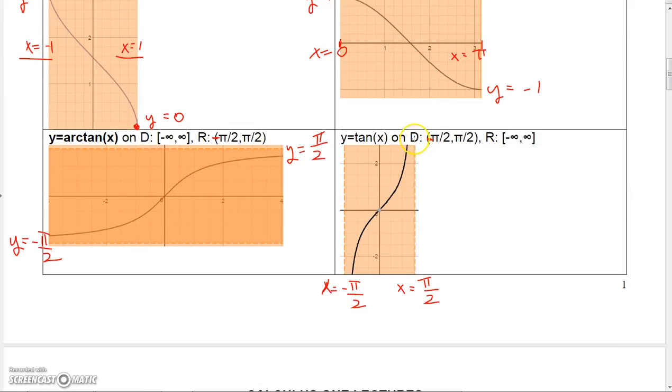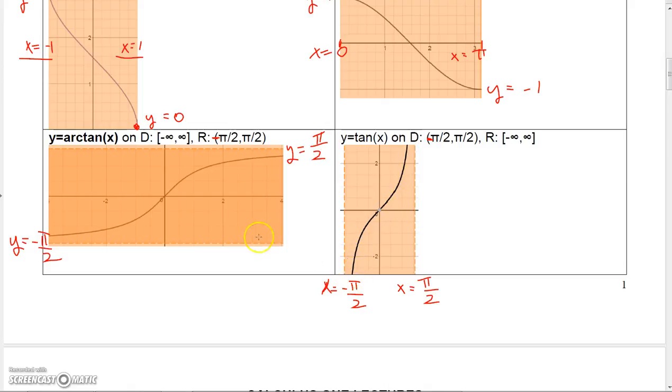Okay, for the tangent function, we limit the domain to go from only -π/2 to π/2. And if you remember, π/2 and -π/2 are vertical asymptotes for the tangent function. So if we go from -π/2 to π/2, since these are vertical asymptotes, that allows the range to go from -infinity all the way up to +infinity.